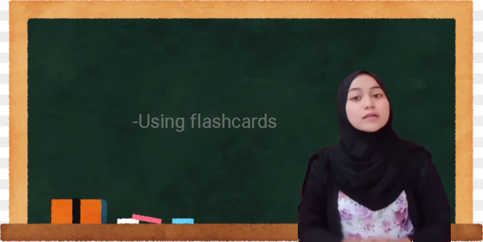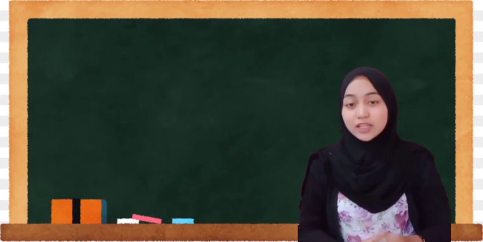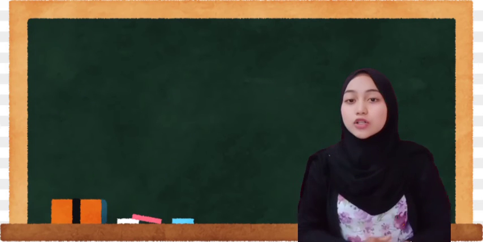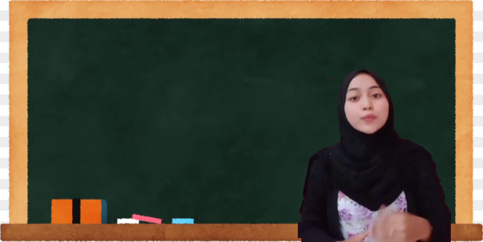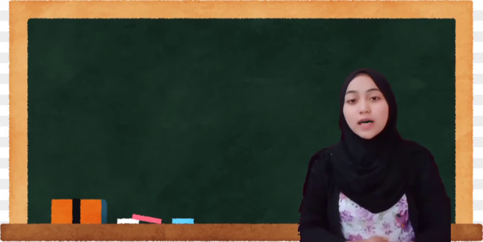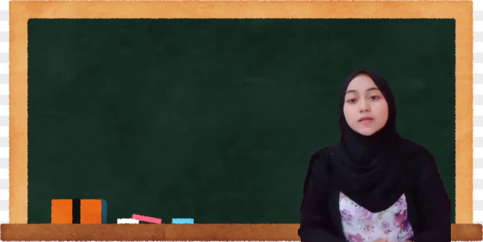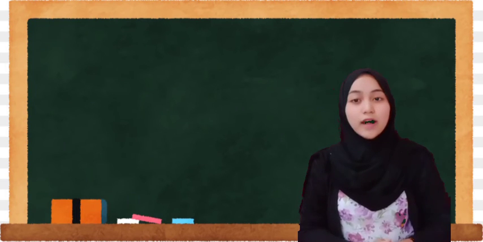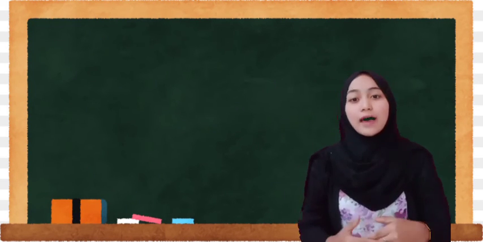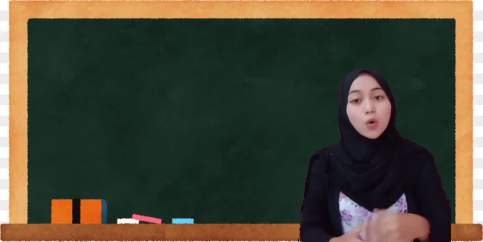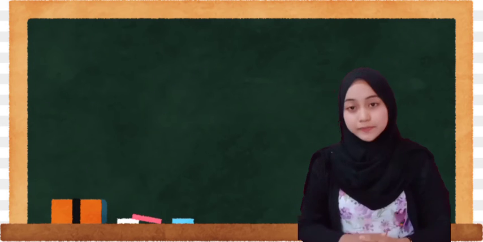And the next is using flashcards. Teachers need to use media in order to make teaching situations active. The teacher has to improve the vocabulary of students with disabilities in active learning by suitable media such as flashcards. Flashcards are sets of cards that give information. They usually have a picture on one side and words or information on the other side.